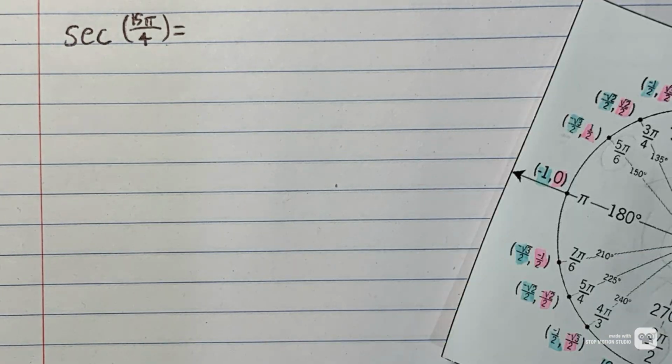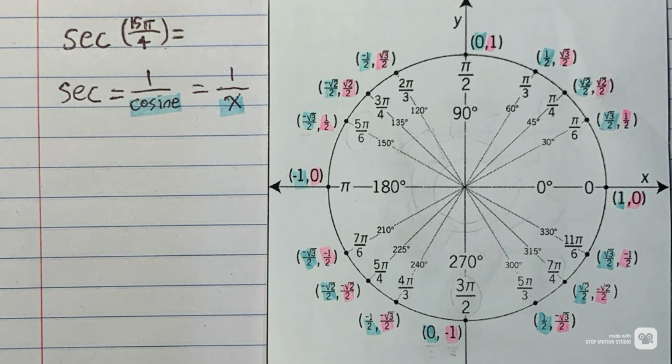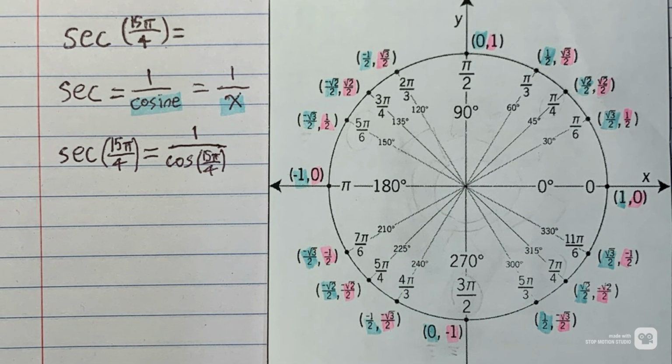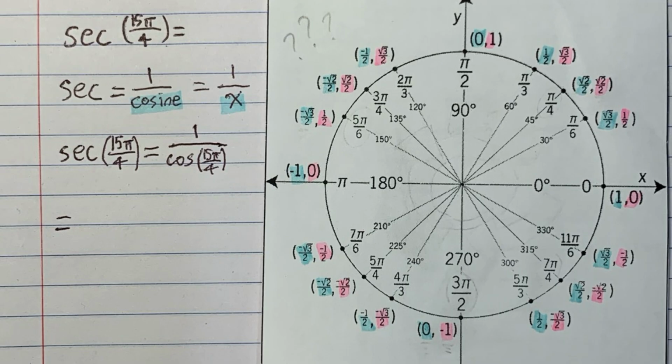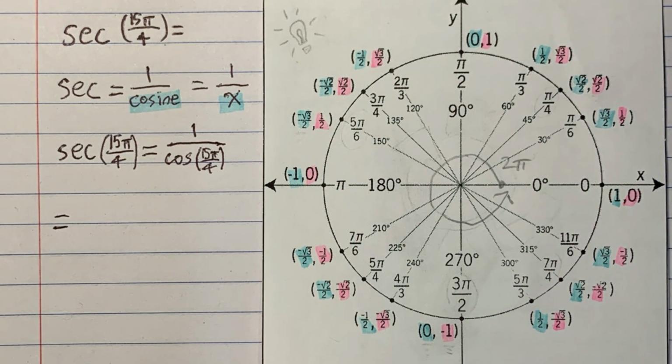Now that we've got the basics down, we can move on to some trickier problems, like this one. What is the secant of 15 pi over 4 equal to? Well, we know that secant is 1 over cosine, or 1 over the x value, so secant of 15 pi over 4 is 1 over cosine of 15 pi over 4. But cosine of 15 pi over 4 is not on the unit circle. What do we do now? Well, we have to make the observation that going 2 pi around the circle gets us right back where we started. This means that if we add or subtract multiples of 2 pi, we're not actually changing the angle.